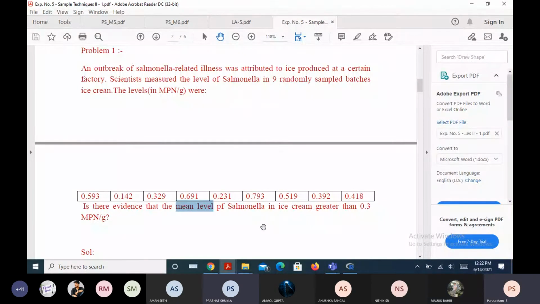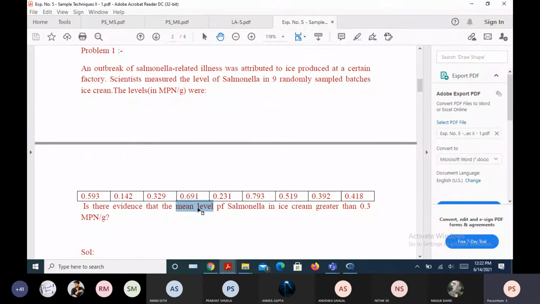When only one factor is responsible, within that factor you have several observations. How many observations are there now? 1, 2, 3, 4, 5, 6, 7, 8, and 9 observations, right? So 9 observations. Is this size of the sample above 30 or below 30? Below 30. So it is treated as a small sample.